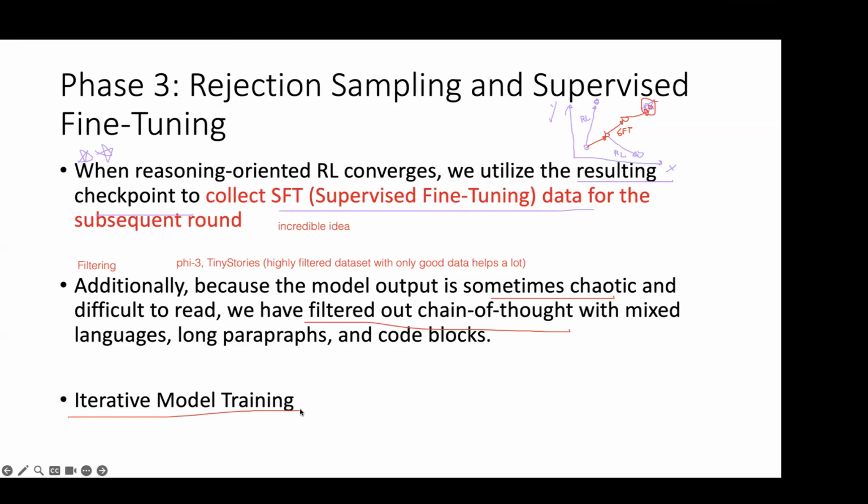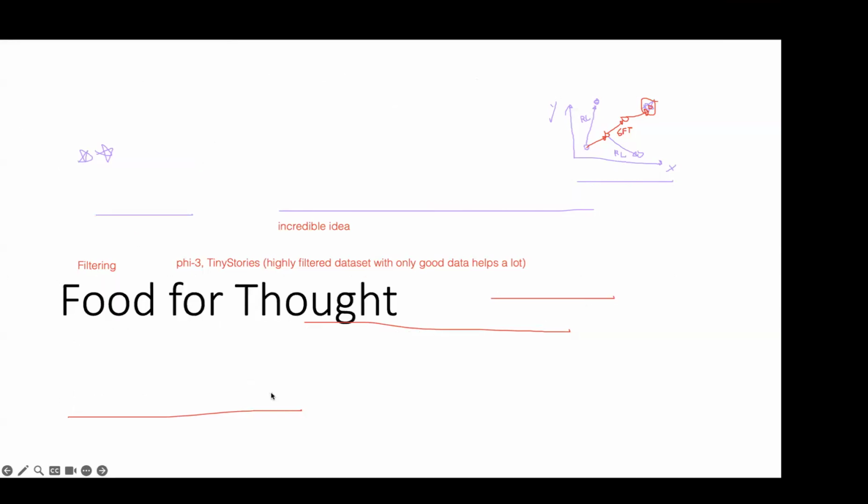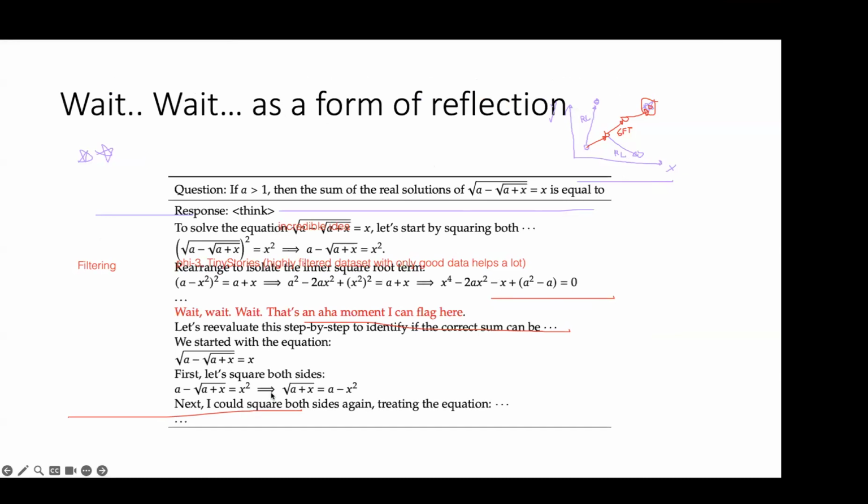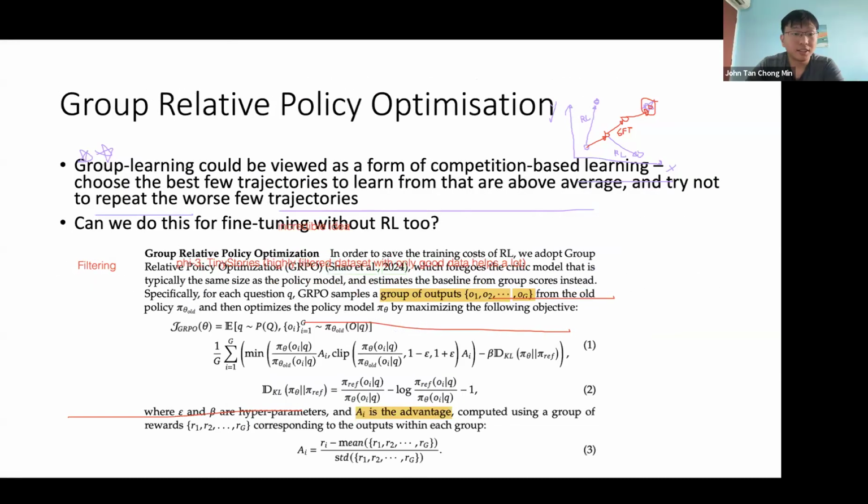Their GRPO actually fixed the second problem because they do not estimate V in their advantage. In the advantage definition you showed just now, they do not even have a value term. There's this reward term, which is actually estimated by the verifier.